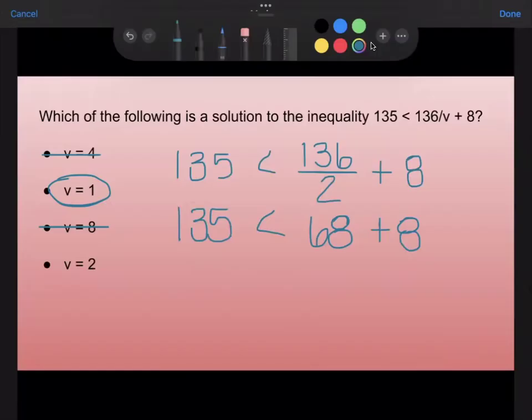I'm going to add it up, and I'm going to get 76 here, less than symbol, and 135. So the statement here is that 135 is less than 76. Again, that is not true, so I'm going to cross that off. From this list, the only possible solution to the inequality would be that V equals 1.